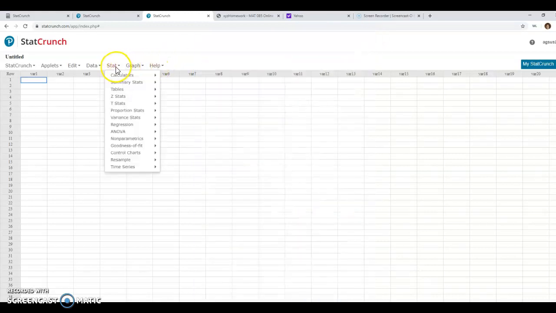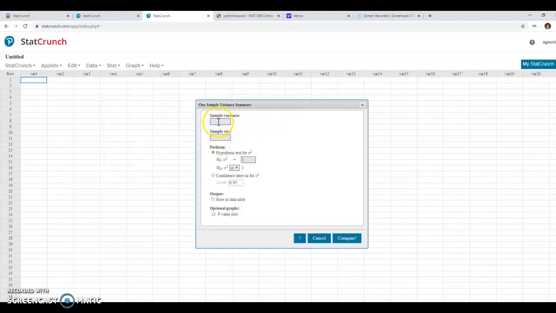So again, z-stat, t-stat, proportion, or variance, 1 sample with data or with summary. With summary means they have given you the information in the question. In this case, because it's a variance option, they would have given you the variance and the sample size, and then you would choose confidence interval and put in the level.